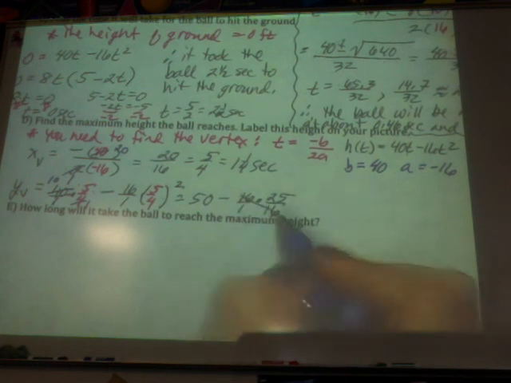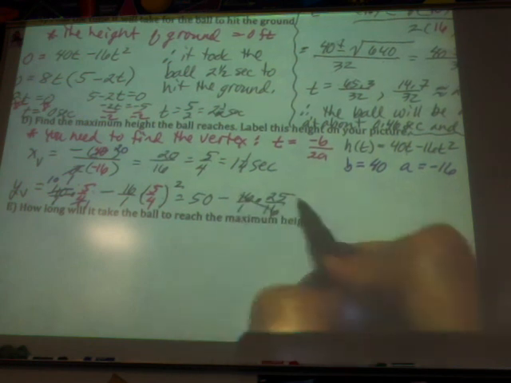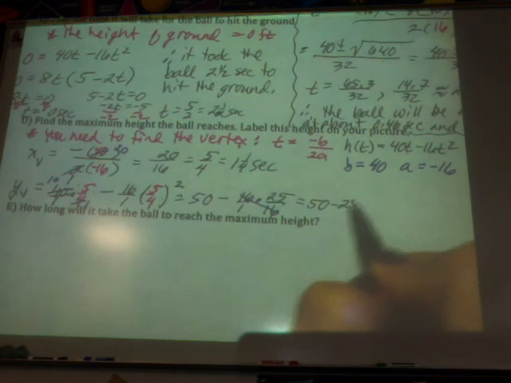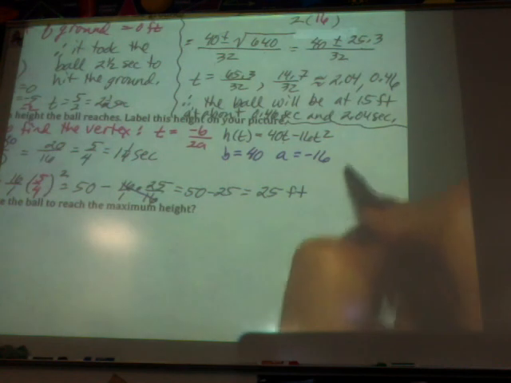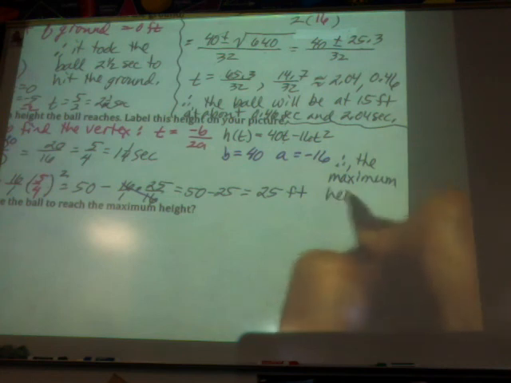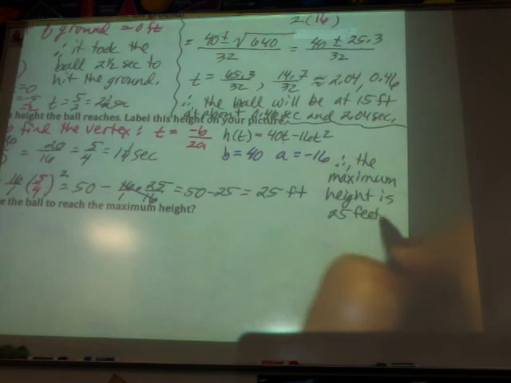The 16s cancel 1 for 1. So really what I'm looking at is 50 minus 25, which is what? 25 what? Feet. That's what they're looking for, right? So off to the side here, we're going to put, therefore, the maximum height is 25 feet.